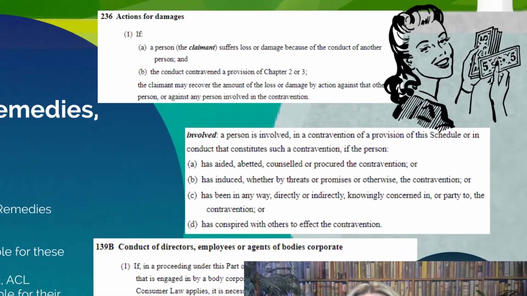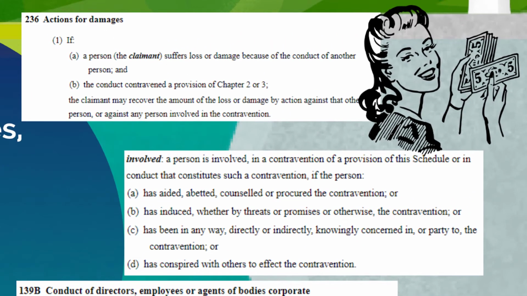But look at this. You can recover the amount of the loss or damage not just from the person that was principally involved here, but you can recover from any person involved in the contravention.